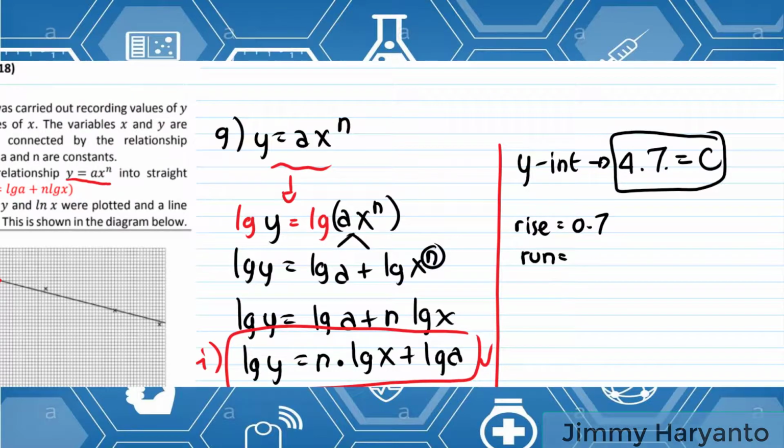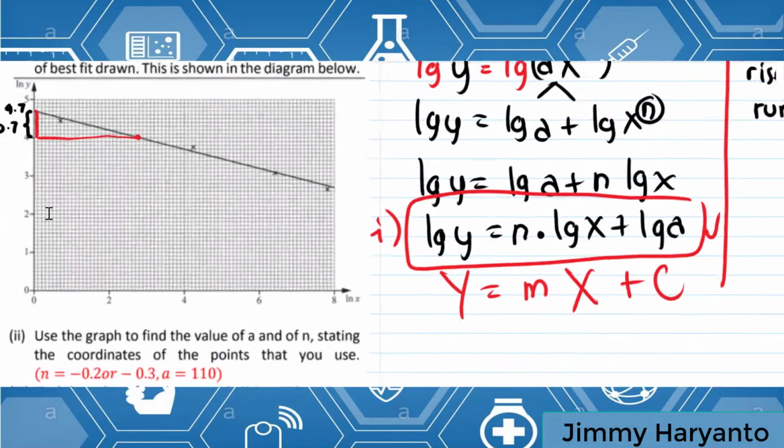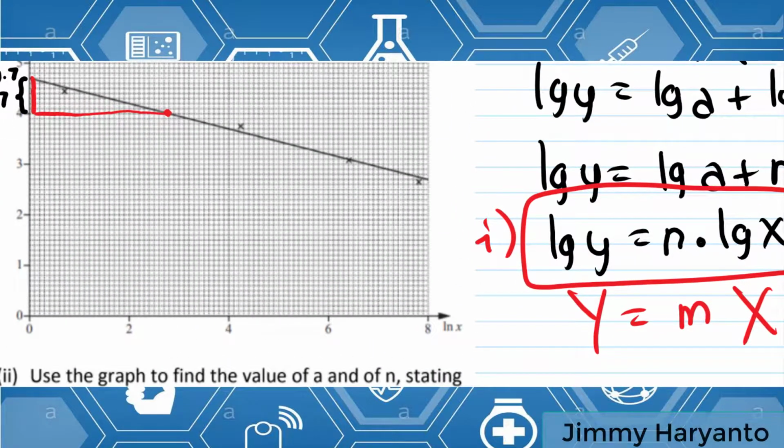And the run is from 0 to, it's around 2.2, 2.4. Oh no, not like that.